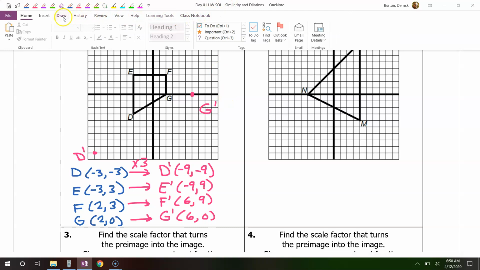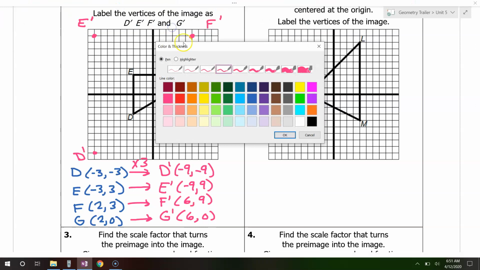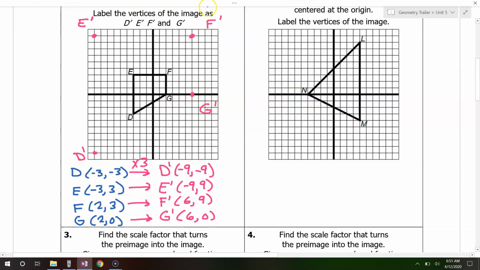I'm just going to go ahead and connect the dots here. Whoa, that is not the ink that I was looking for. Let me try that again.